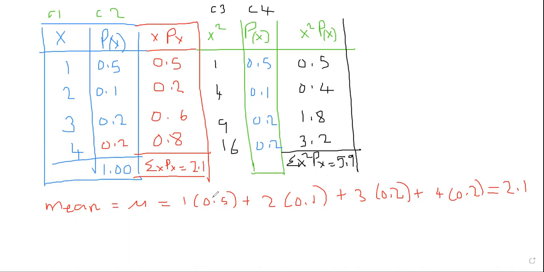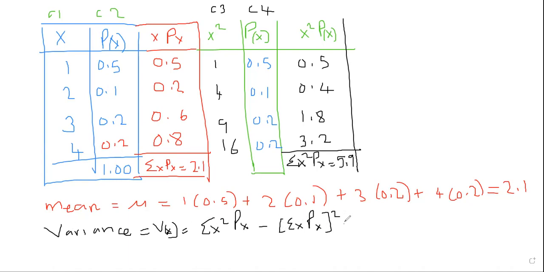So to find the variance, we simply subtract the square of the mean from the 5.9. The variance of x is the summation of x squared times the probability of x, minus the mean, the summation of xpx, to the power 2.